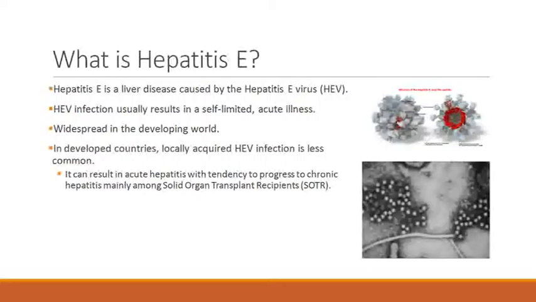It can result in acute hepatitis with a tendency to progress to chronic hepatitis, mainly among people who received solid organ transplantation.